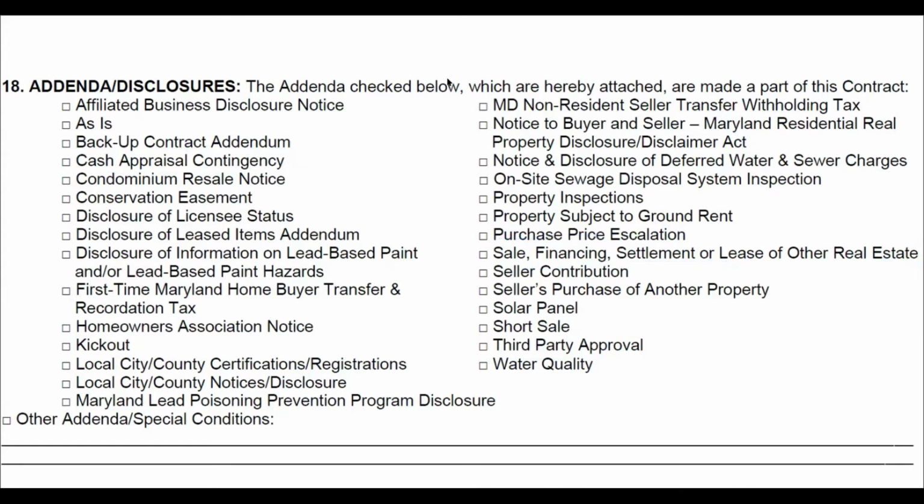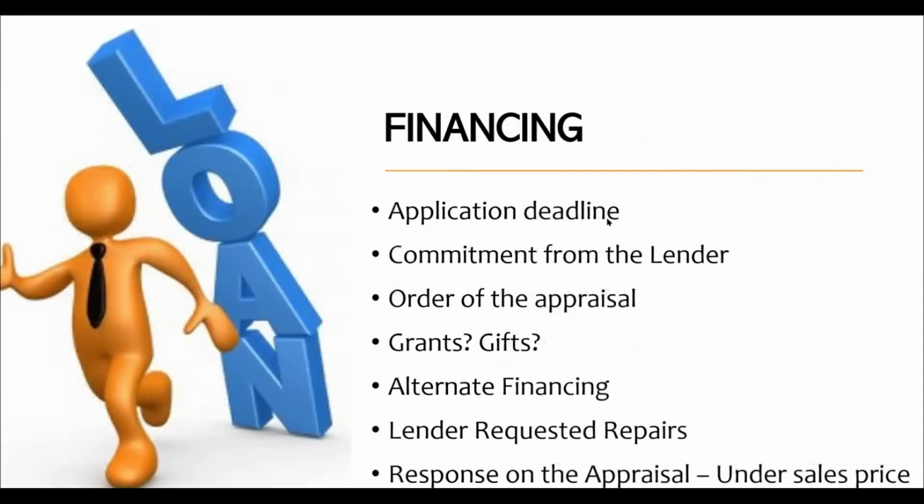Once we've selected that, then we go to the library, and now we're looking for the addenda. So we've addressed the application deadline and commitment from the lender. Kyle, once he receives that particular file, they're then going to order the appraisal. And I'm sure Kyle will add some feedback on the appraisal side.